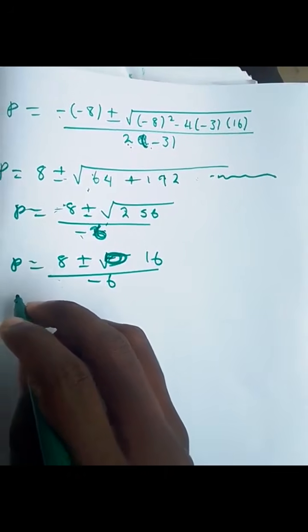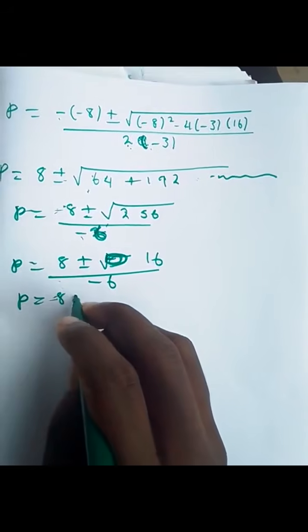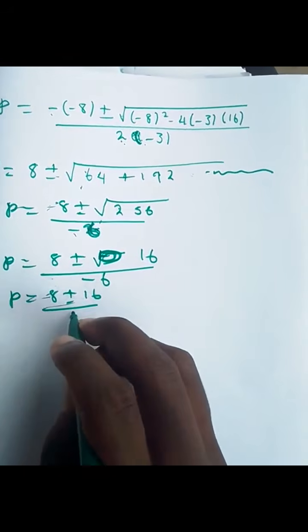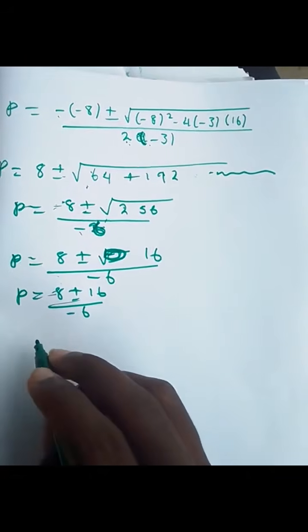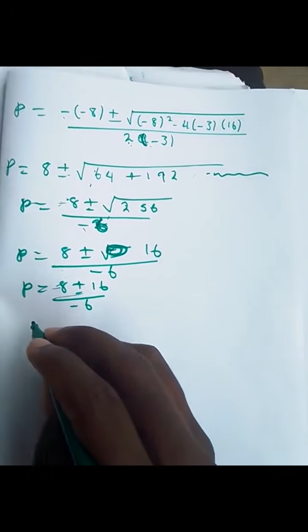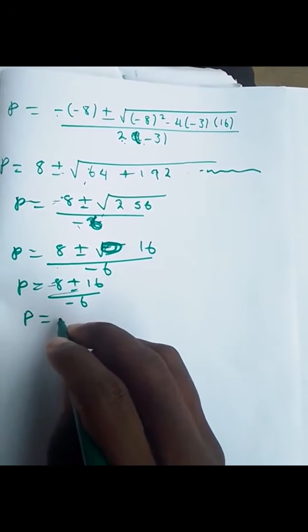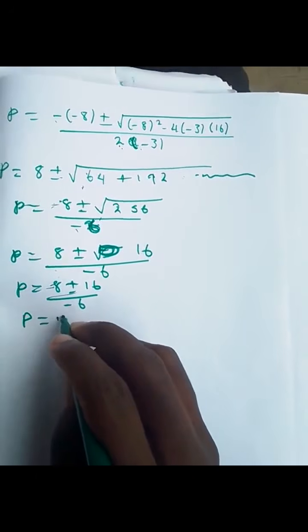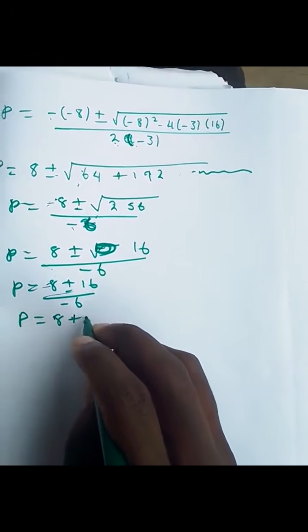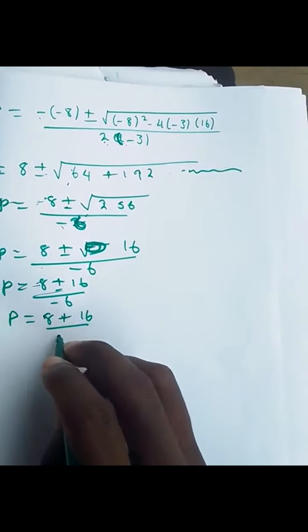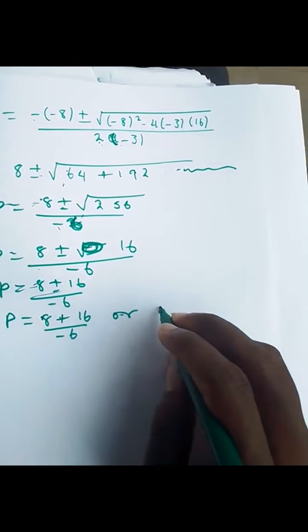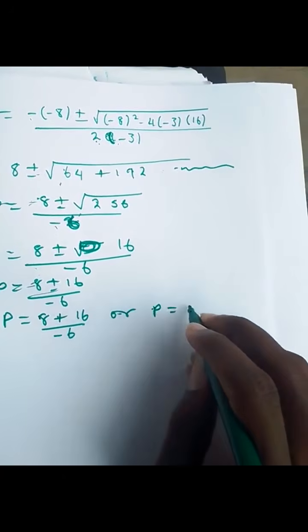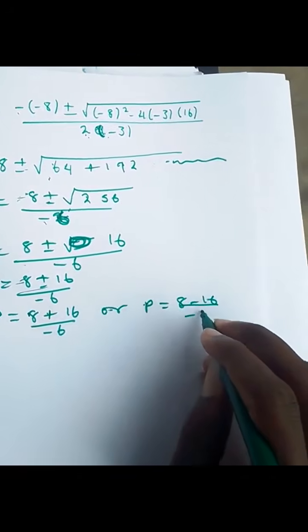Let me just write that one properly. Okay, so p can be 8 plus 16 over negative 6, or p is equal to 8 minus 16 over negative 6.